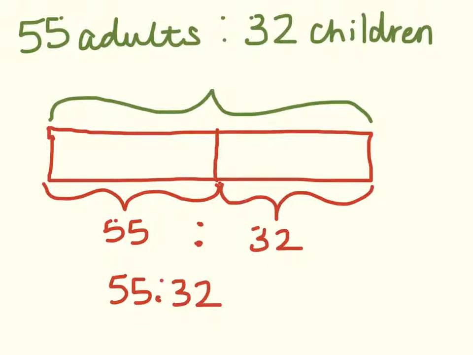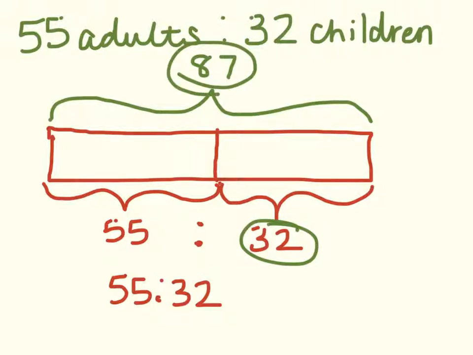The whole will be valued as the total number of adults and children, so 55 plus 32, or 87 people. So now we want to write a ratio of the number of children to the total number of people. So our new ratio will be stated as 32 to 87.